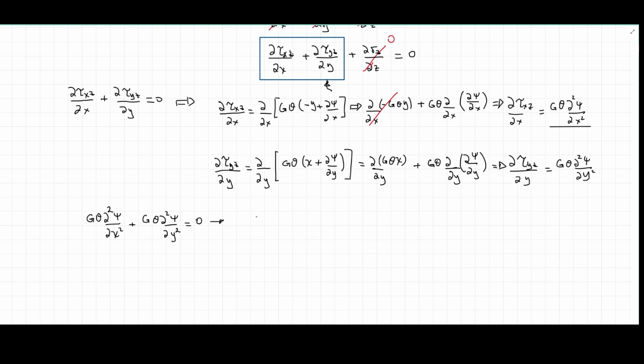I can work it better and say that this is going to be equal to G theta, this second degree derivative here, plus this one here, y squared, that's going to be equal to 0.